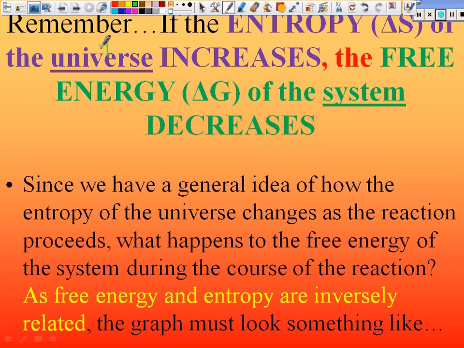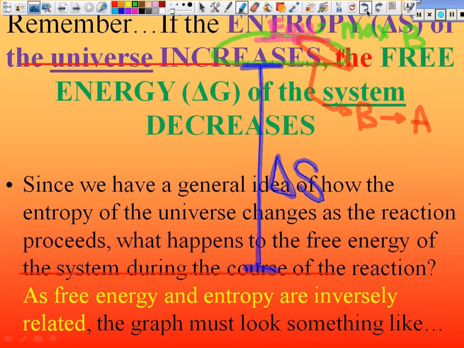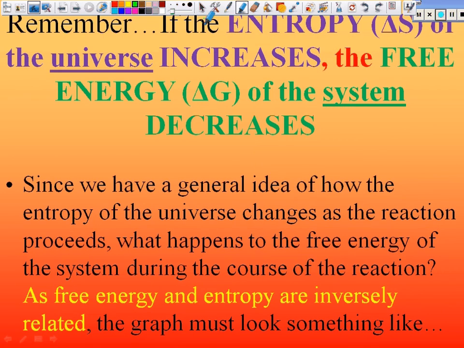And what about, well, actually, let me do this in the right colors. So we have a positive delta S. So do me a favor, above the word entropy, put positive. And then what's going to happen to our delta G? It's going to be negative.